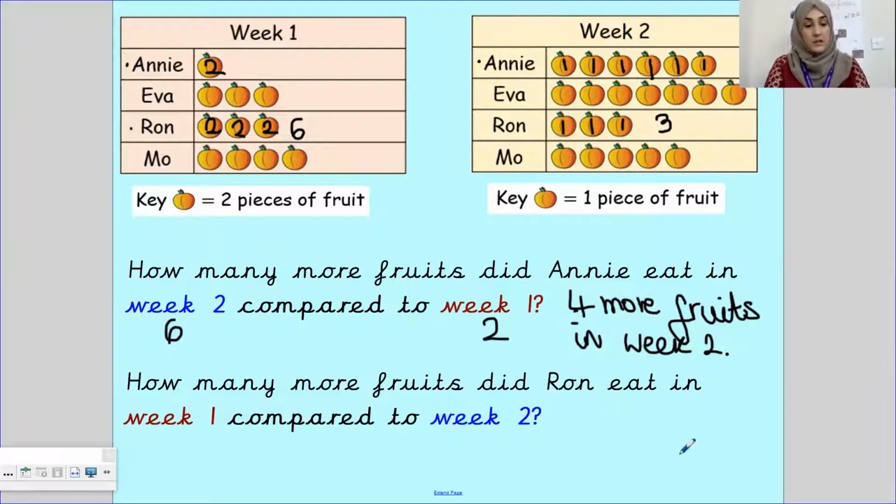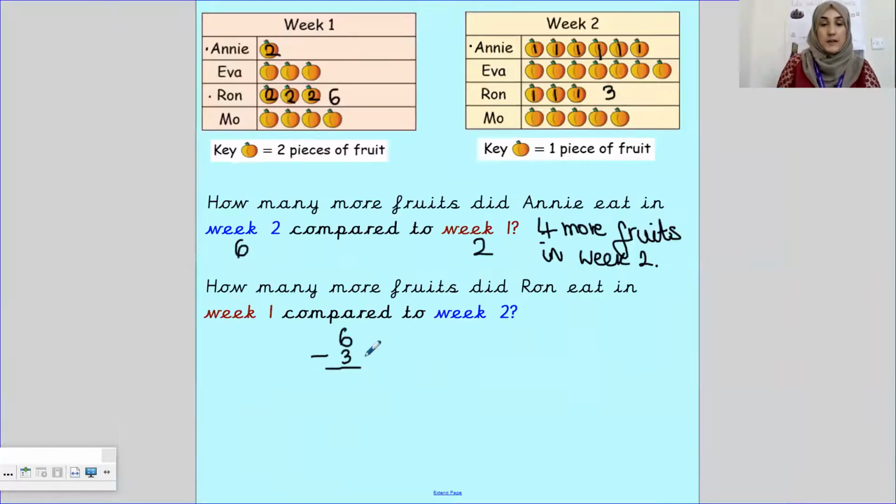Now, I'm not going to use the starburst this time to work this out. What I'm going to do is take away 3 from 6. So hold up 6 fingers and take away 3. It equals 3. The other way we could have done this was if he had 3 fruits in week 2 and 6 in week 1, I could hold up 3 fingers and count how many more it takes to get up to 6.